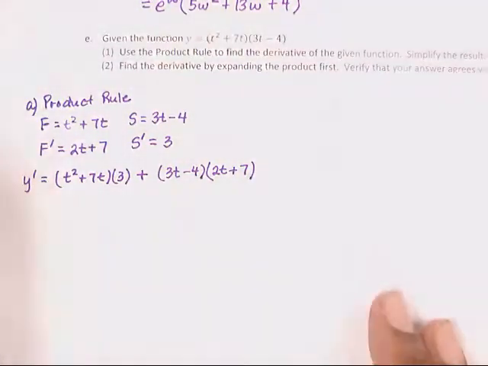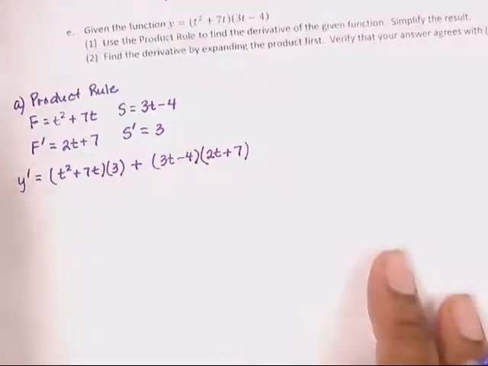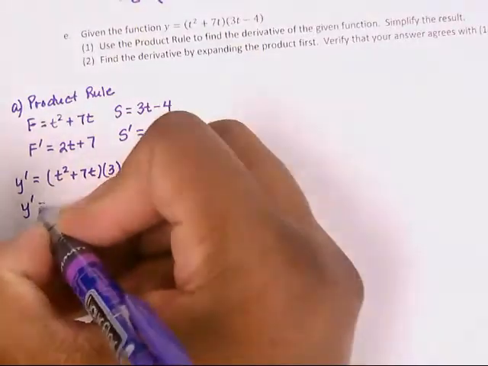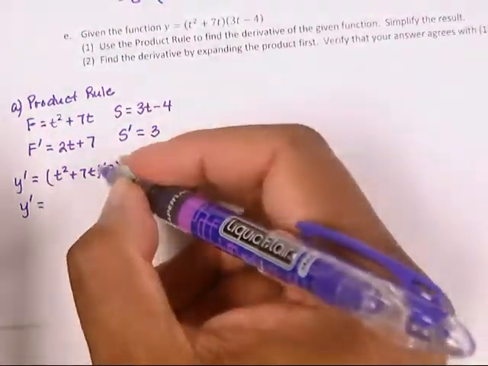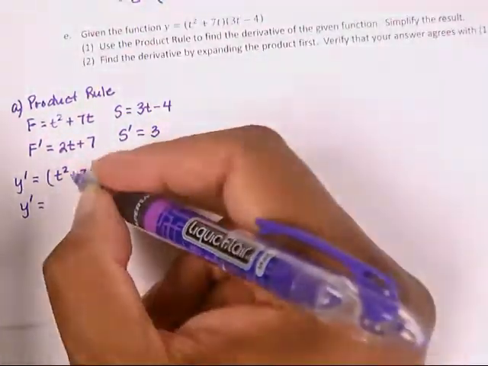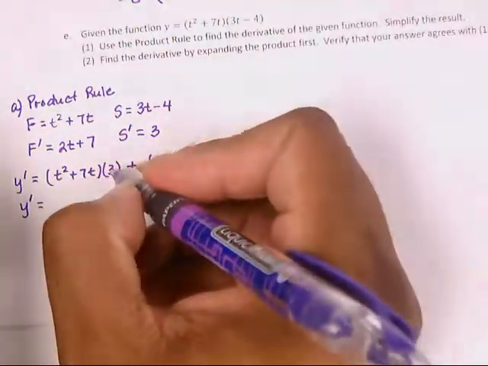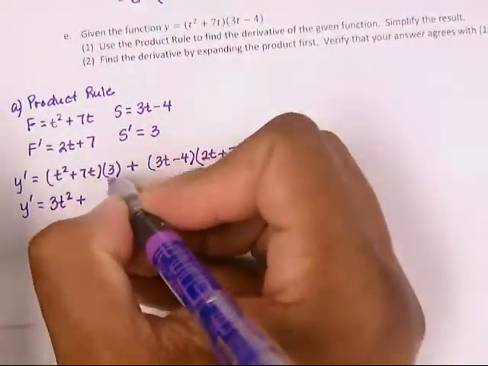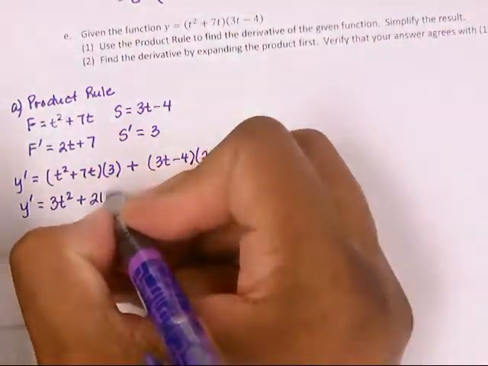And then we go ahead and simplify all of this. We will distribute the 3 over the t squared plus 7t. So 3 times t squared would be 3t squared, plus 3 times 7t will be 21t.